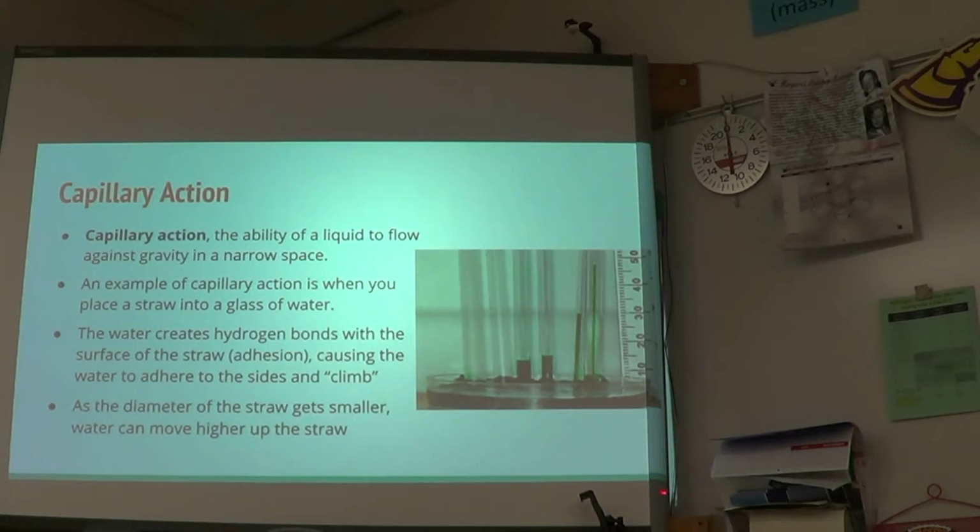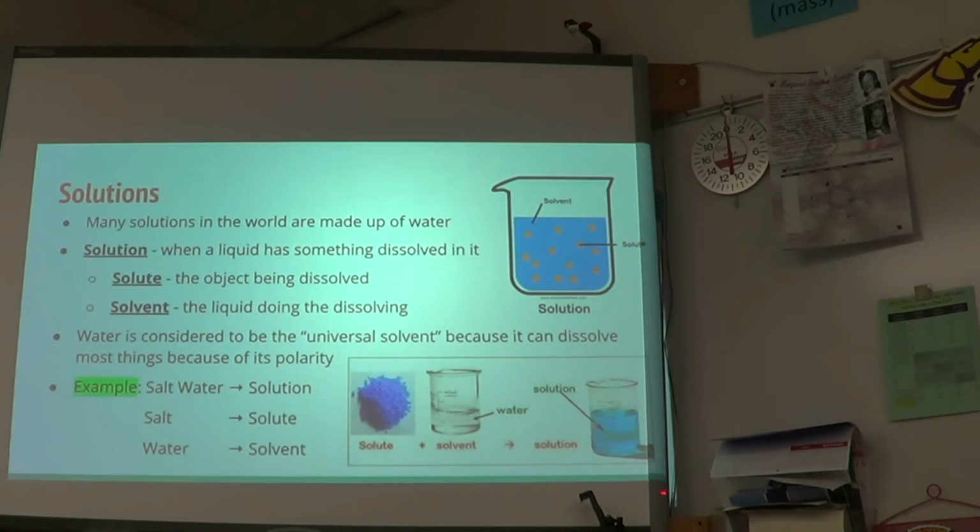The smaller that tube, the higher it goes, and that's how the leaves on the branches of a tree get watered. They get pulled through the roots, up through these tiny little tubes to the leaves through capillary action. It's the same capillary action with the meniscus in a graduated cylinder. The water pulls up the sides so you get that dip. That's because of those attractive properties.